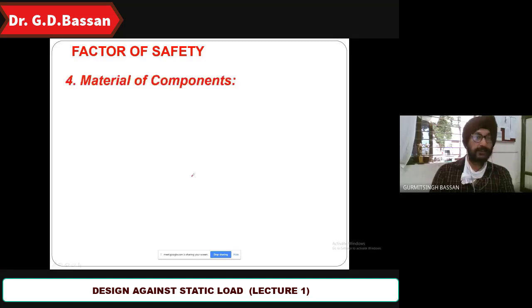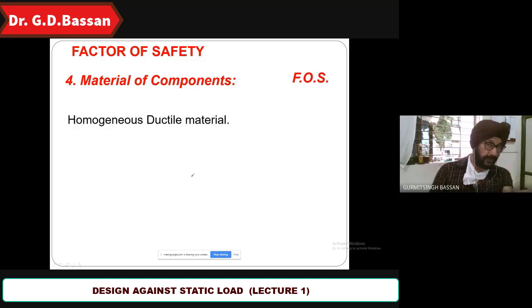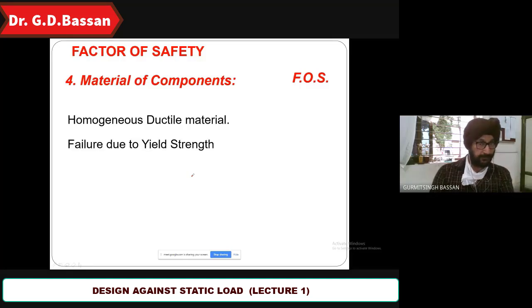Then fourth, materials of the components. First, homogeneous. What is a homogeneous material? That is a ductile material. In a homogeneous material, as we discussed, the failure takes place due to the yield strength.